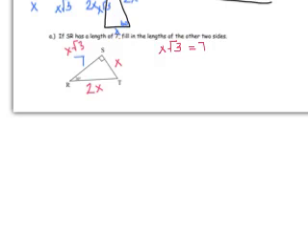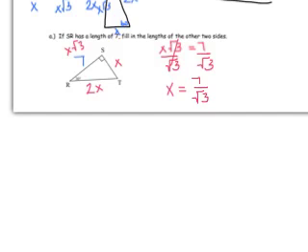Now this is a much harder example because you don't have just x equals. You have x times the square root of 3 equals 7. So you're going to have to do some algebra because you want to get x by itself. So divide by the square root of 3. So that cancels. So we get x equals 7 divided by square root of 3.